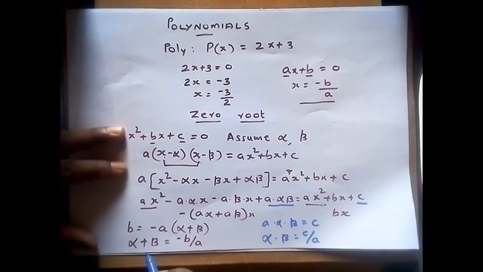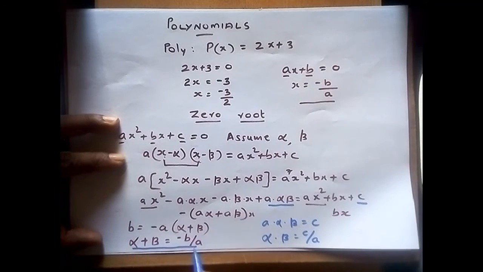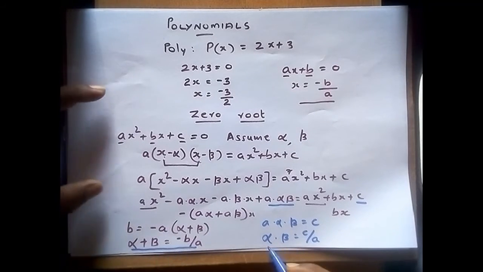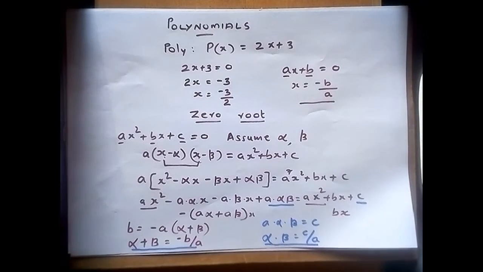Now we have two interesting results here. Alpha plus beta is equal to minus b by a, and alpha into beta is equal to c by a. This is a very important result we are going to use in our exercise and future problems.